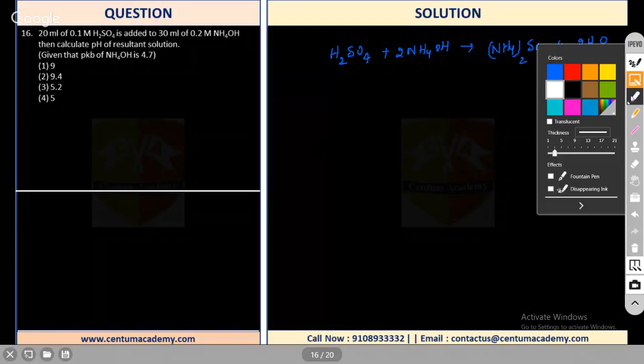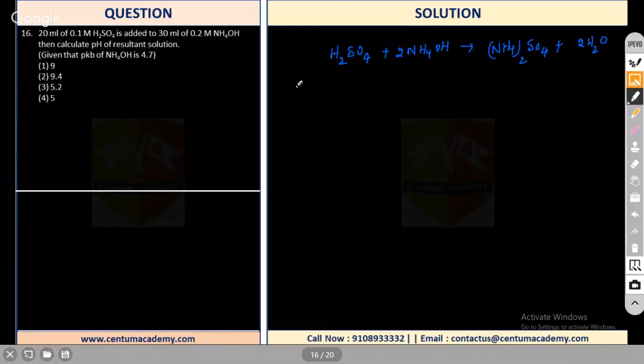So how many millimoles of H2SO4 do we have? That is 0.1 into 20, which is 2 millimoles. Millimoles of NH4OH is 30 into 0.2, which equals 6 millimoles.